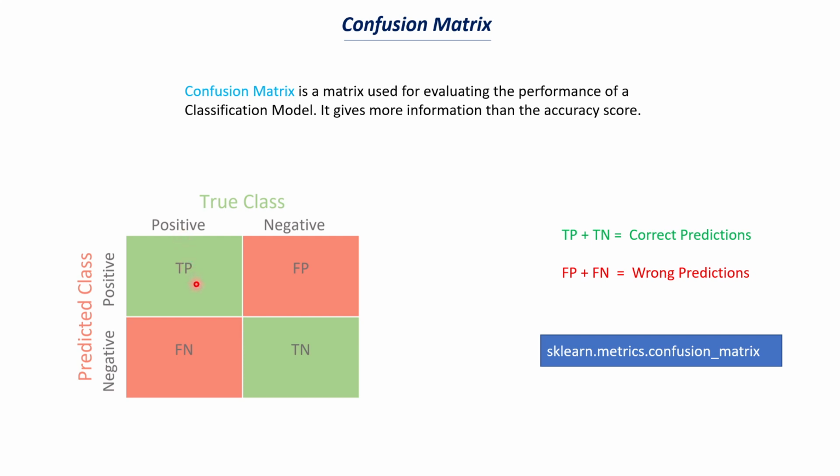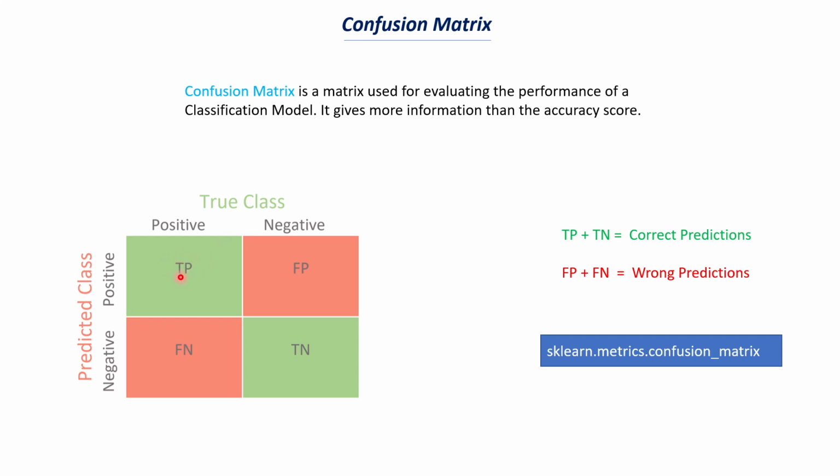Out of those 50 people, let's say our model correctly predicts that 40 people have COVID. This is what we call true positive. So the total number of people with positive COVID infection is 50, but our model is predicting correctly only for 40, so your true positive count will be 40.